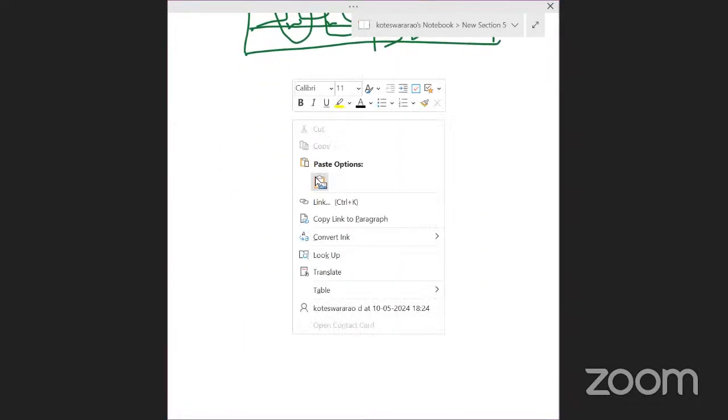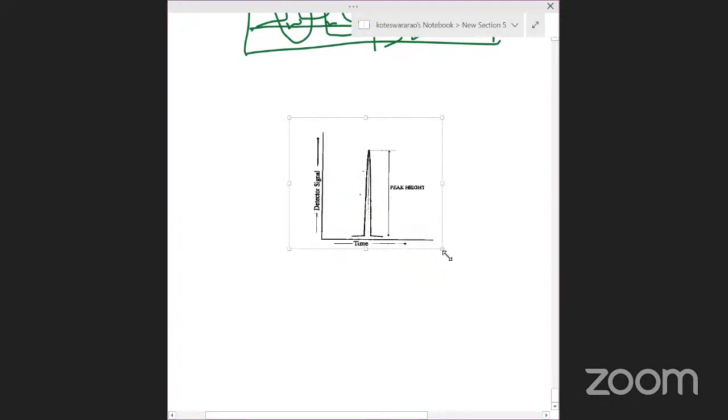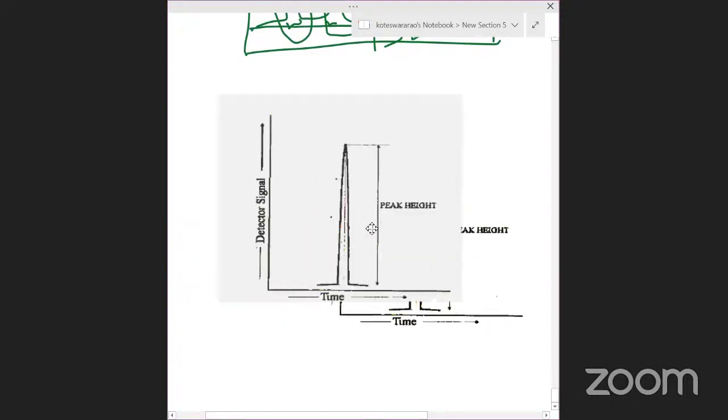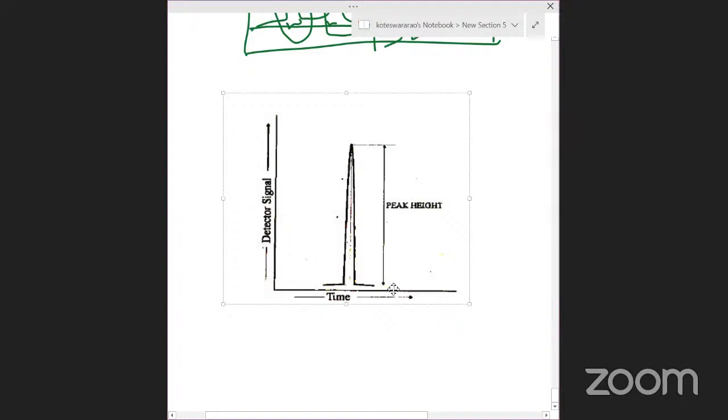Just see that. This is a recorded peak. The height of the chromatographic peak is obtained by connecting the baseline. This is the baseline which is connecting on the two sides of the peak.